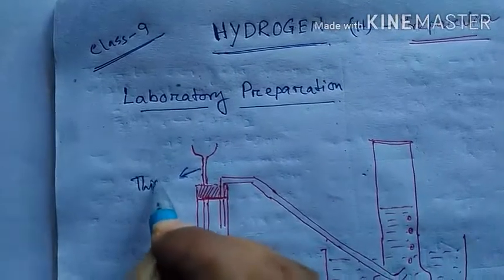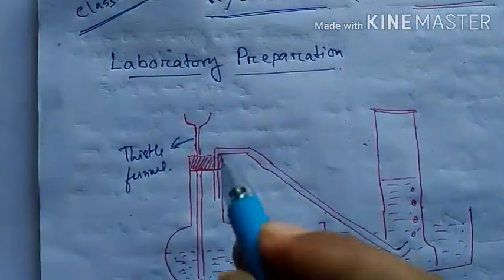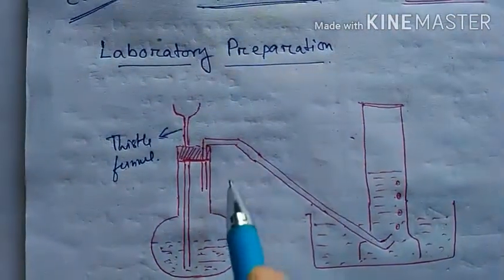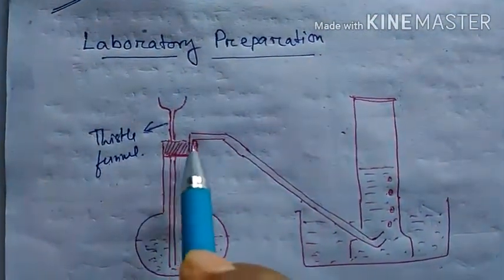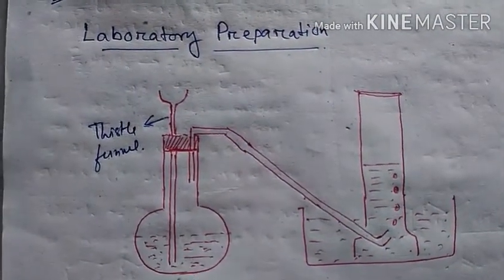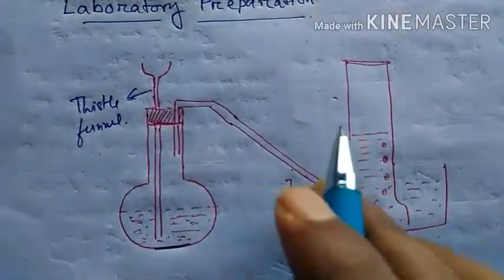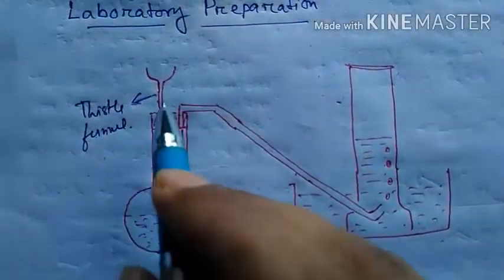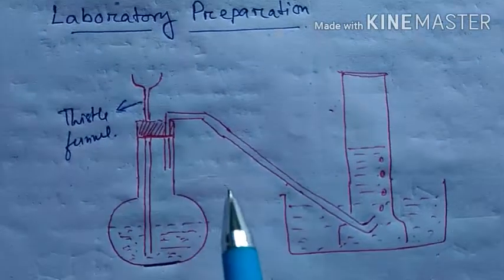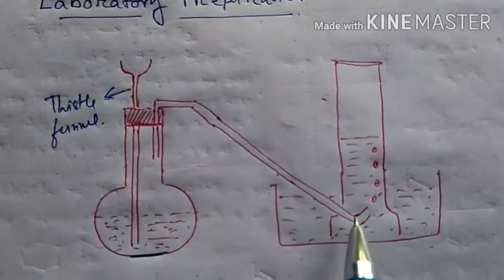This is a tight cork with the thistle funnel, and this is a flat bottom flask. There is one hole in the cork with the thistle funnel having a long stem, and through the other hole this is our delivery tube where hydrogen should be collected.